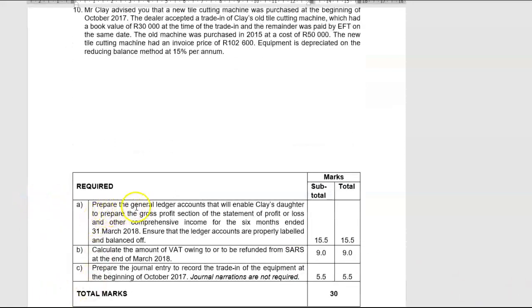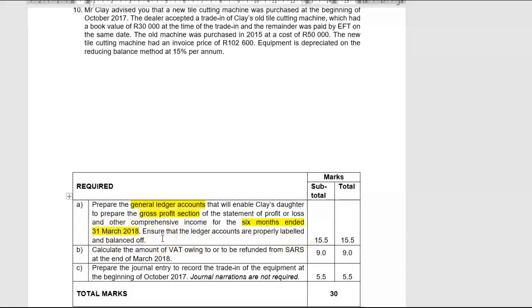Number 1, prepare the general ledger accounts, T accounts, which will enable Clay's daughter to prepare the gross profit section of the statement of profit or loss and other comprehensive income for the 6 months ended 31 March 2018. Ensure that the ledger accounts are properly labeled and balanced off. Very important that you read all the instructions.